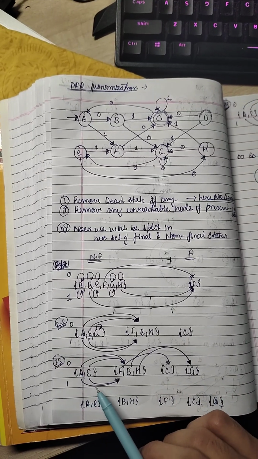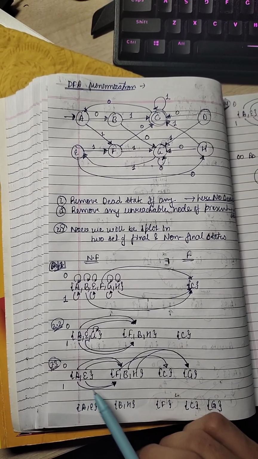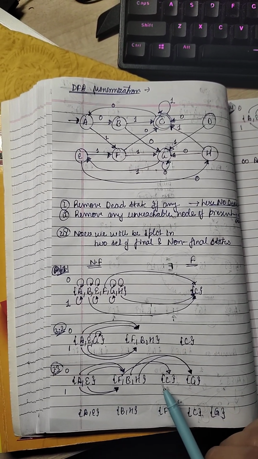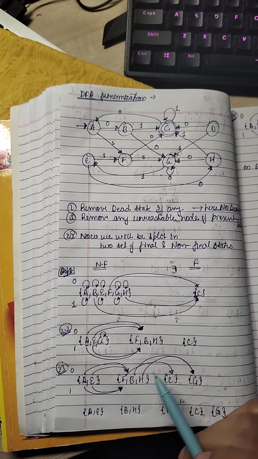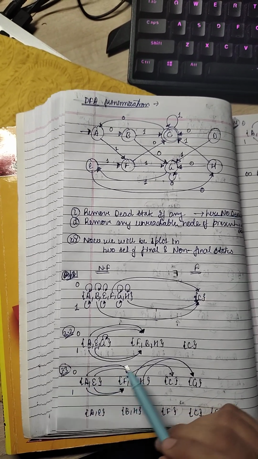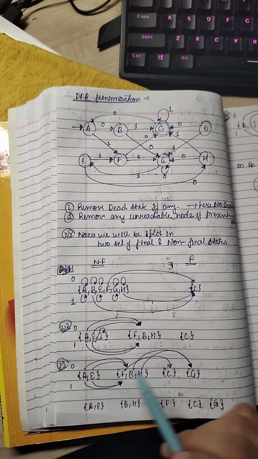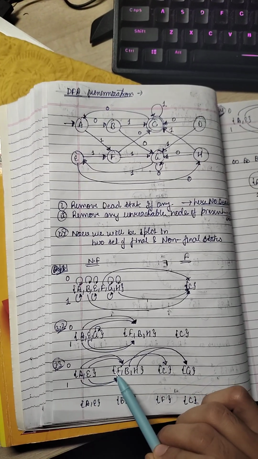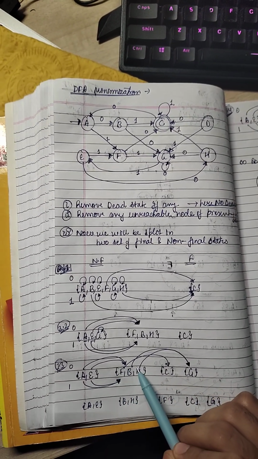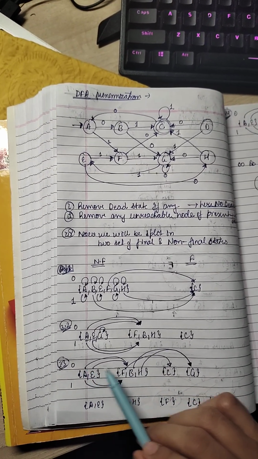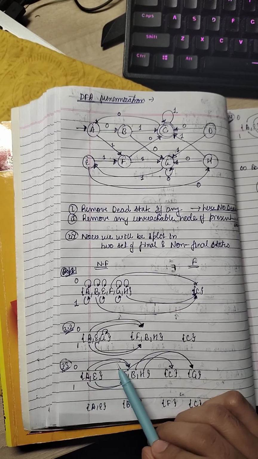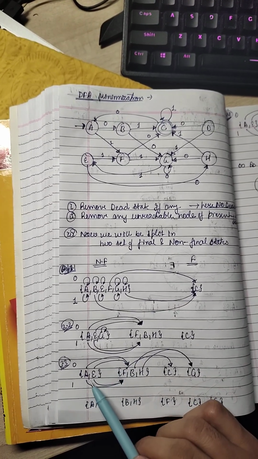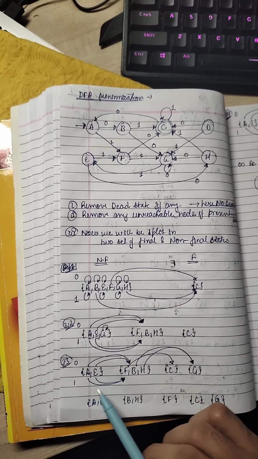So now we can see AE to FBH. Now we will again be checking for A and E, and they are going to the same set. So it's satisfying for transition 0. Now we will be checking A and E for transition 1.